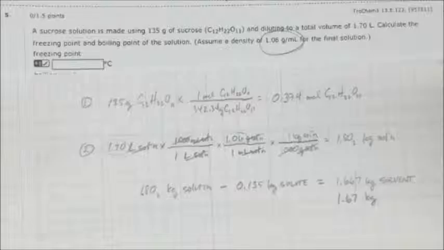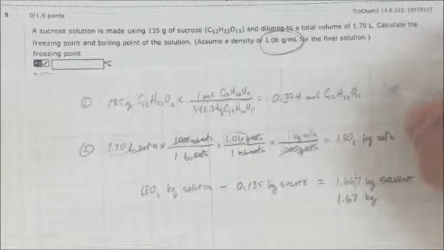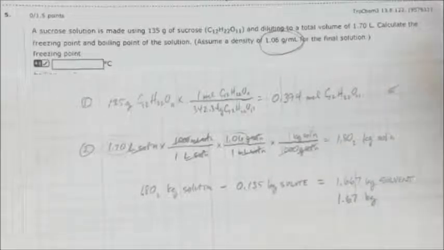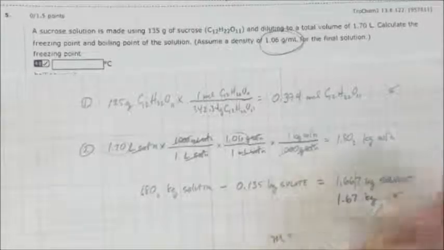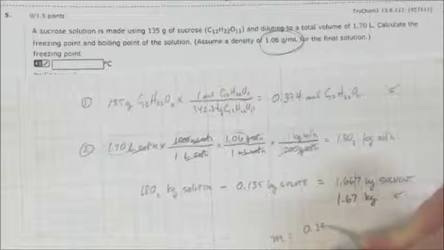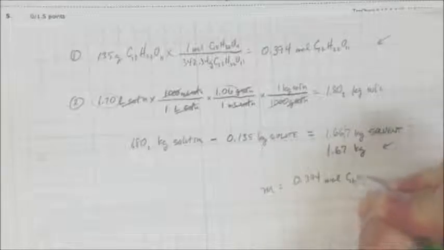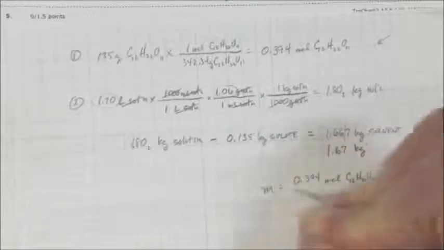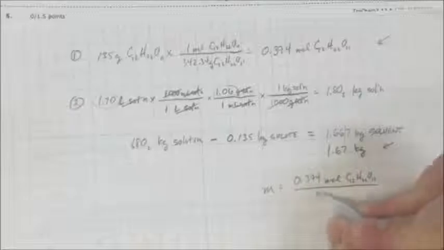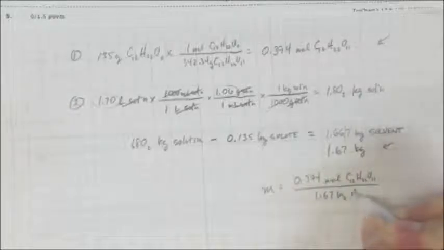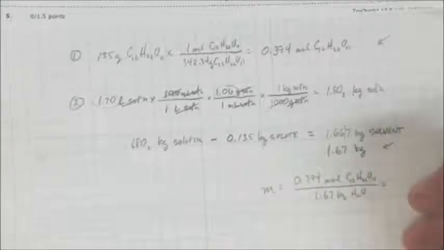So now that we have the moles up here of solute, and now we have the kilograms of solvent, we can find the molality. So that is 0.394 moles of C12H22O11, divided by 1.67 kilograms of our water. That's our solvent.